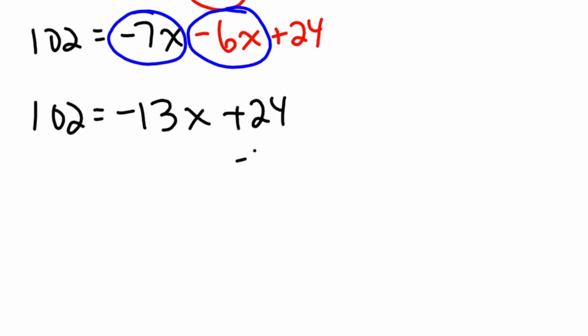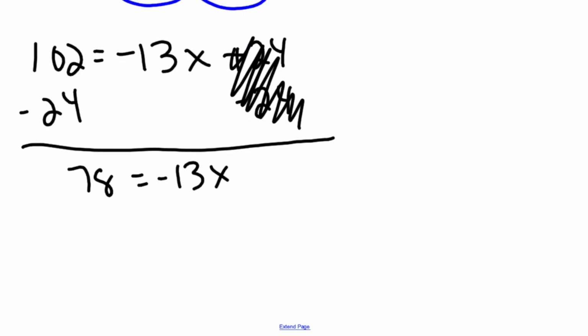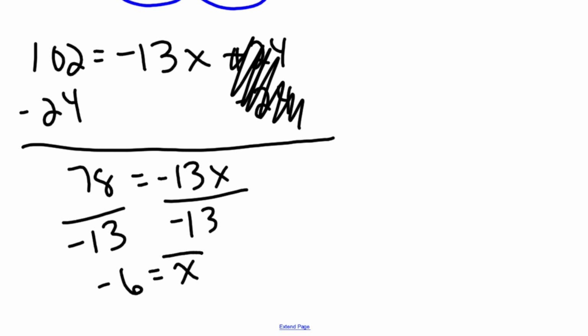Now we move the number with no variable, so that means subtracting 24 from both sides. 102 minus 24 gives us 78 equals negative 13x, and this over here is 0. Next, we divide by negative 13, and we end up getting negative 6. So there's your final answer, negative 6.